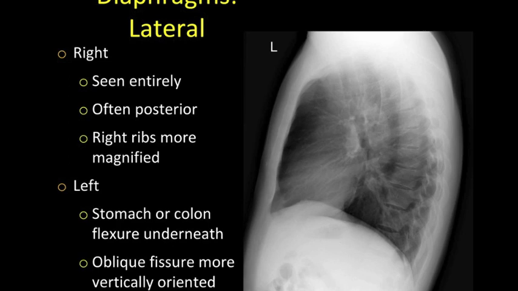and also the ribs, which are magnified, particularly on the right in relation to the left ribs, because the X-ray is obtained typically in the left lateral technique with the left side of the chest adjacent to the cassette, and therefore the right ribs are magnified more than the left side given the greater distance from the cassette.